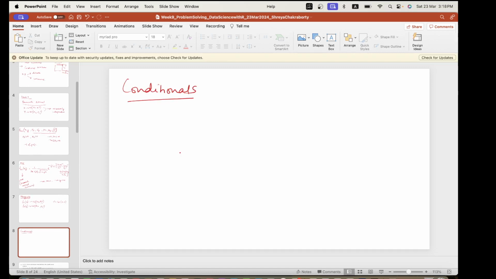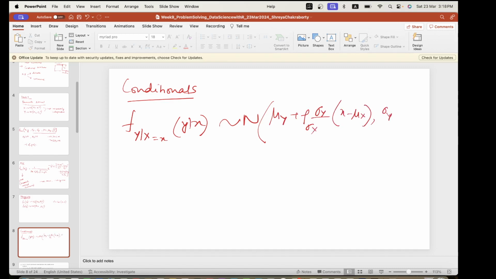So the conditional distribution can be written as f of y given x equal to x, and that follows a normal with mean mu y plus rho sigma y by sigma x times (x minus mu x), and variance sigma y square times (1 minus rho square).